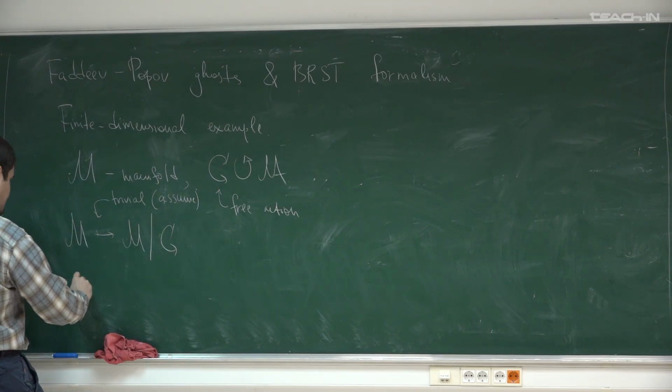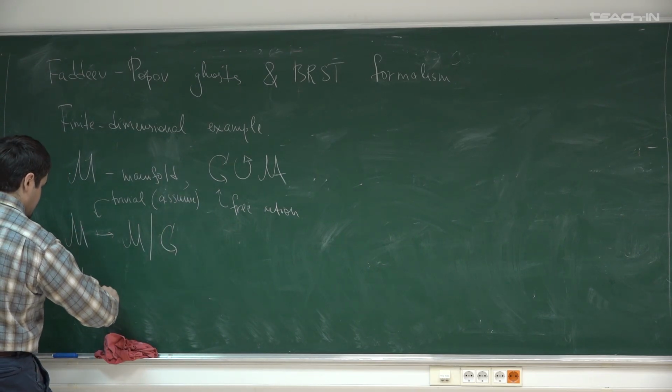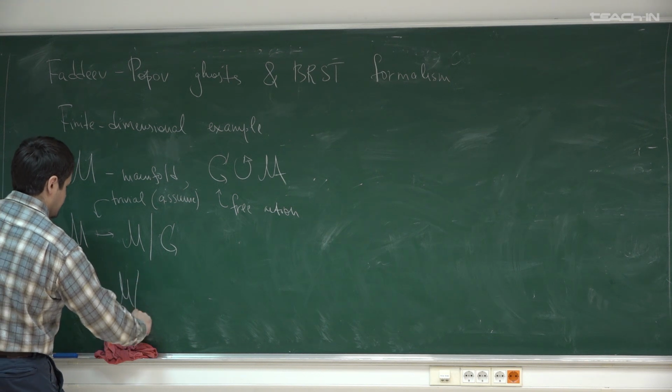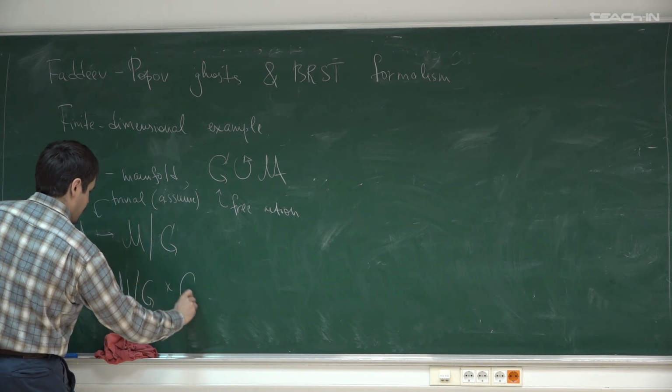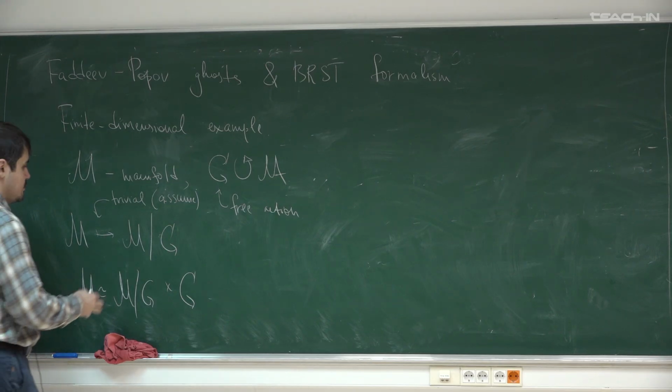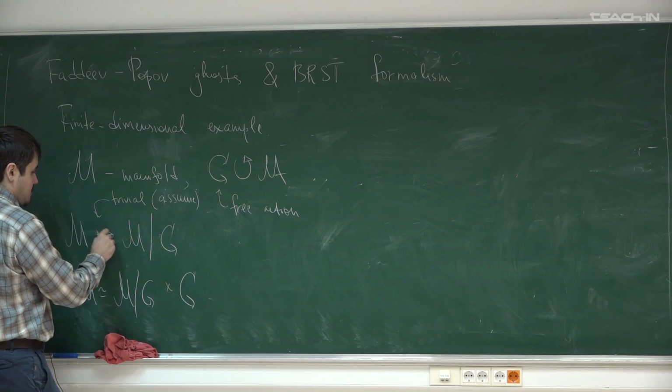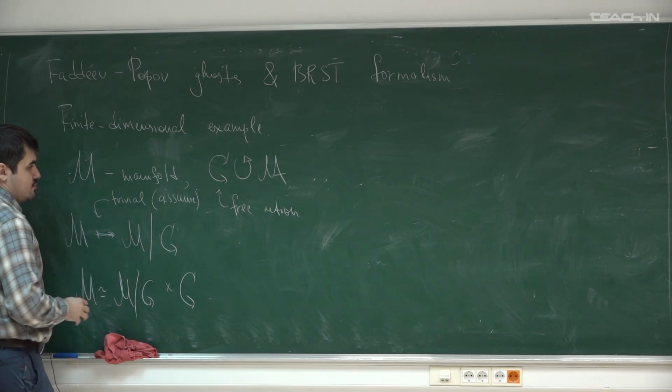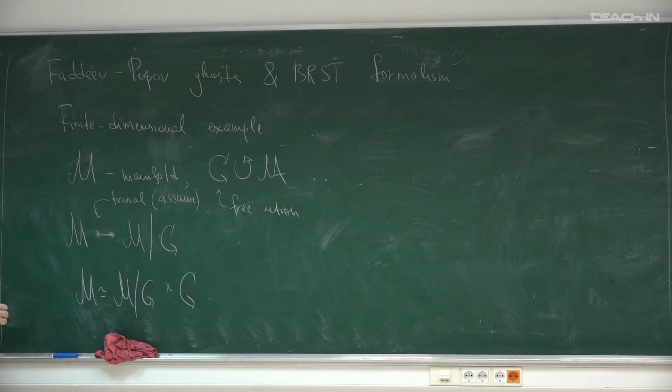That is to say that M is a product of M over G times G. Again, this can be generalized to various other setups, but ultimately these topological matters are not that important because we will be considering integrals over this manifold.